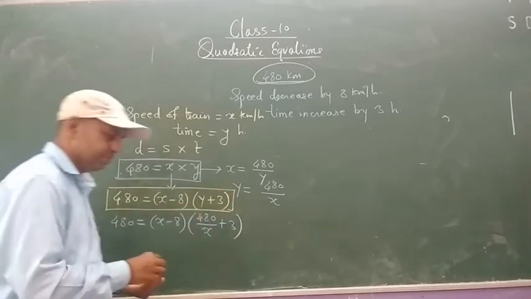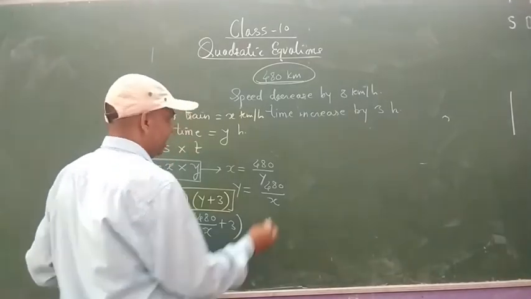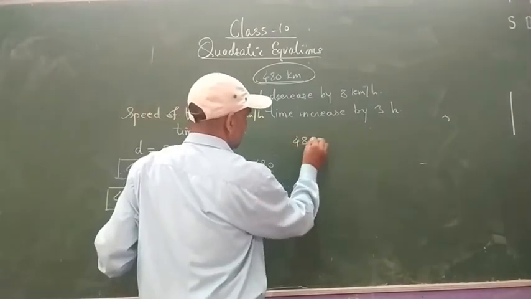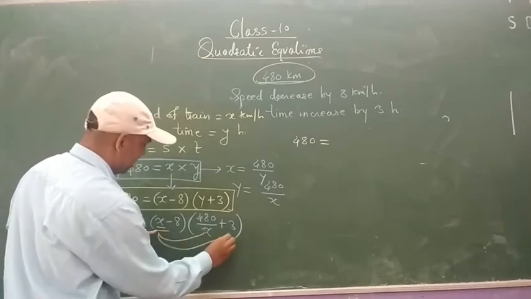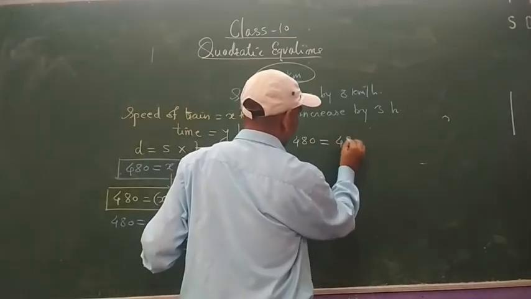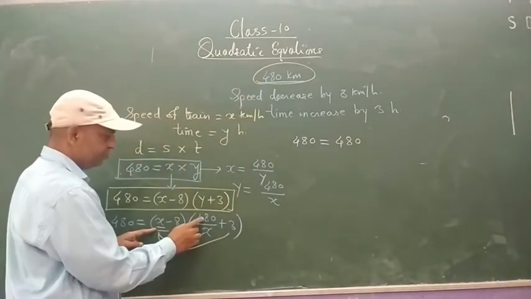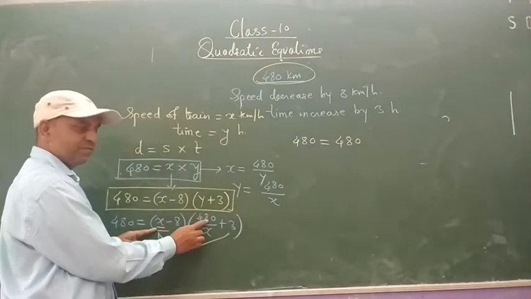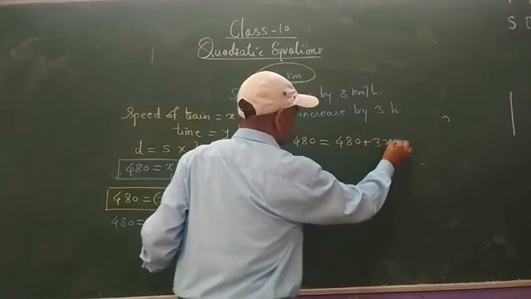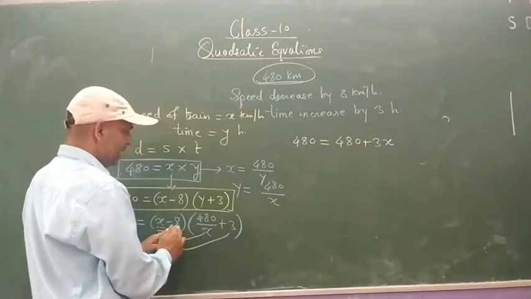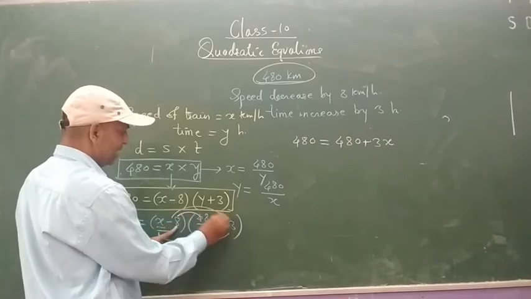So see here, 480 is equal to, just multiply this x with this and this also. So here x into 480 upon x, that is 480, x into 3 is 3x. Then minus 8 also multiplies with this and this term.